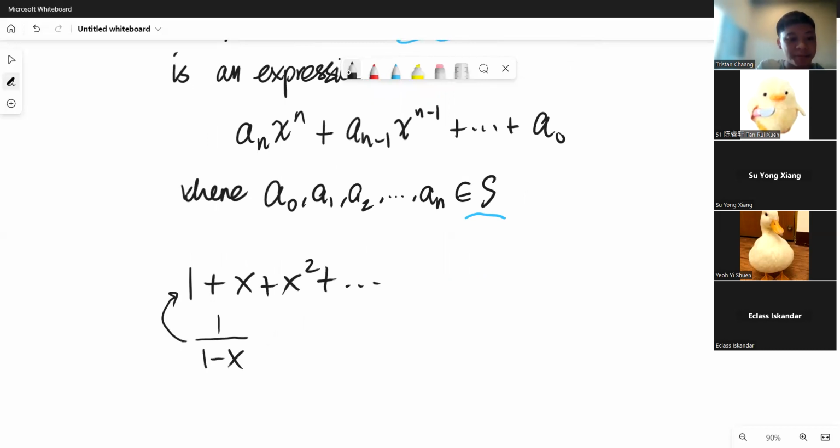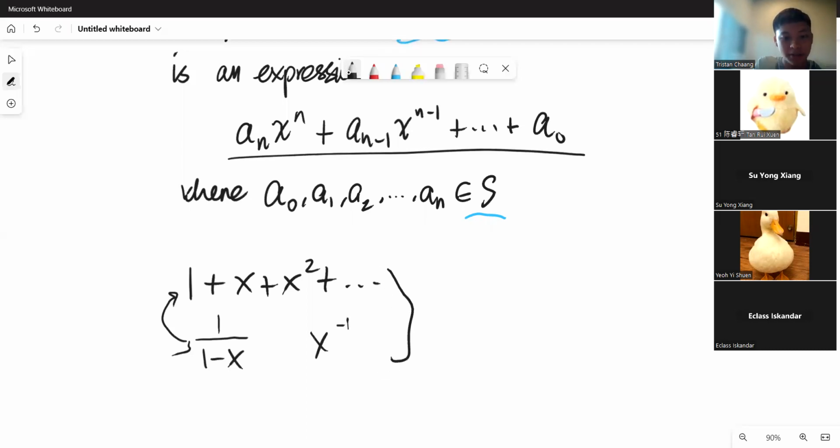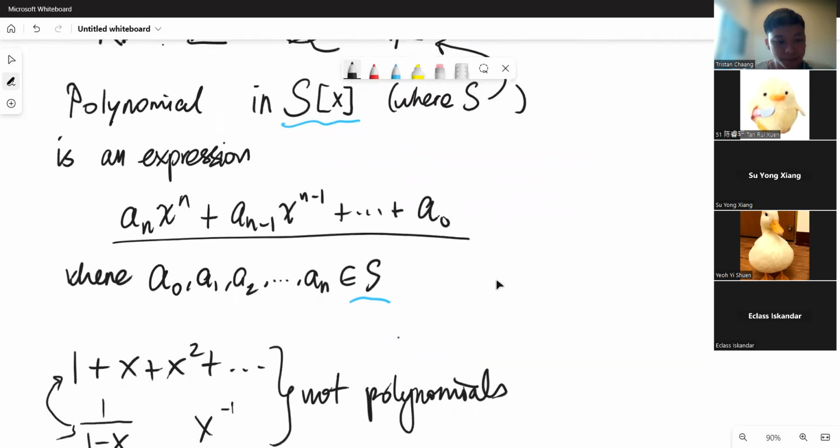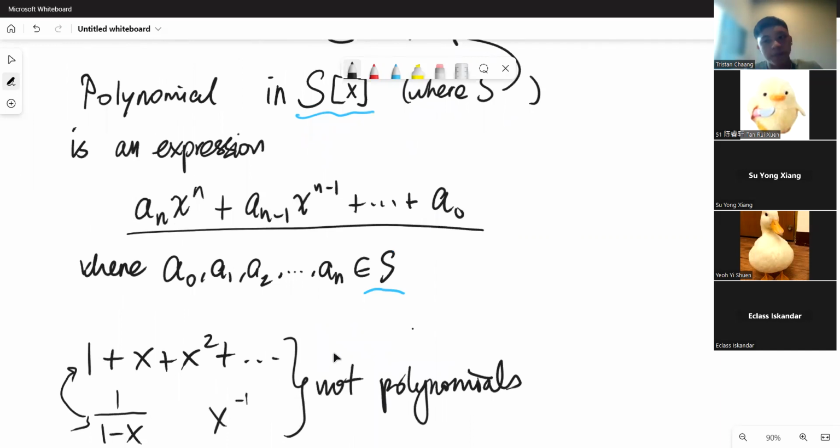Actually, these two are the same, but my point is polynomials can only take this form, and you cannot have negative powers either. So these are all not polynomials. But you can create a lot of polynomials, for example, x squared plus 1, x to the 100 plus something, or minus something. So that's for the basic definitions.